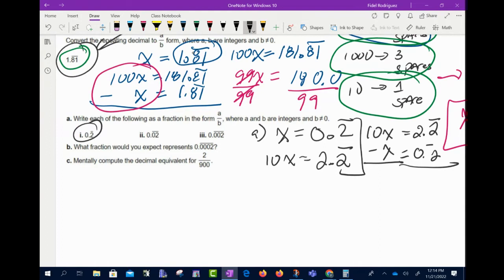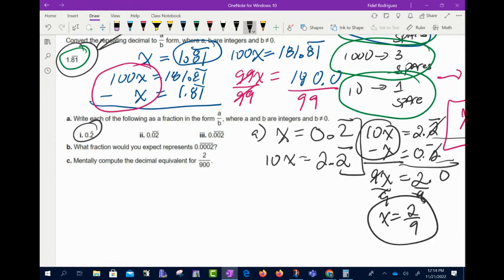So when I subtract here, again, remember, y'all, those 2s go on forever, so those 2s are going to cancel out. That's going to be a 0. And 2 minus 0 is just 2. Now, on the left side, 10x minus another x is going to give me 9x. So I have 9x is equal to 2. When I divide both sides by 9, I'm going to get x equals 2 over 9. Okay.